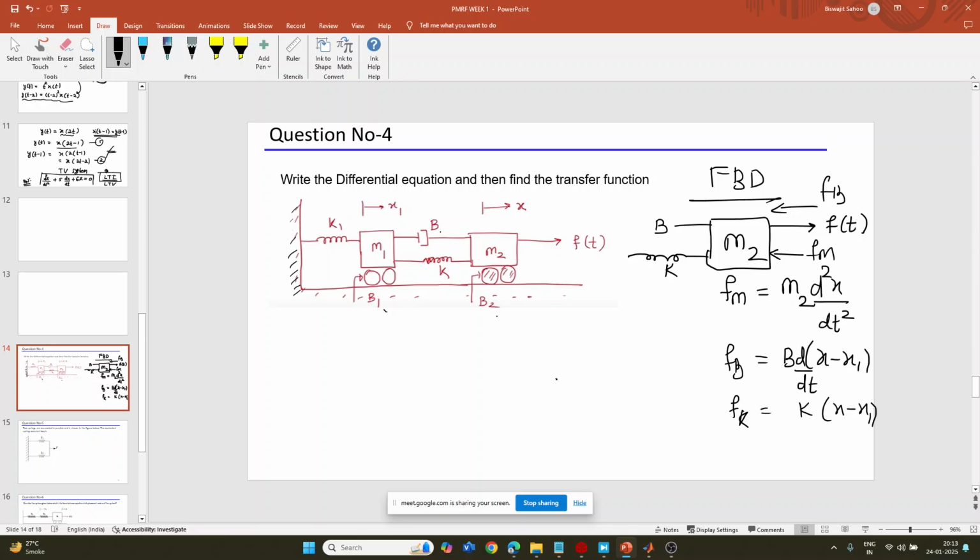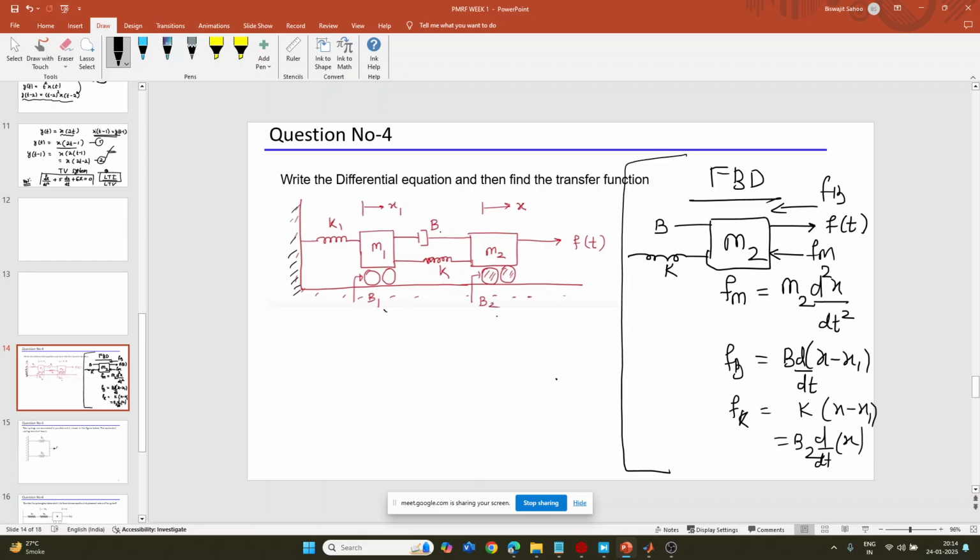B2, a damper. So the damping force is B2 times dx by dt, and it is only x, not x minus x1. These are all the forces acting on the mass m2.